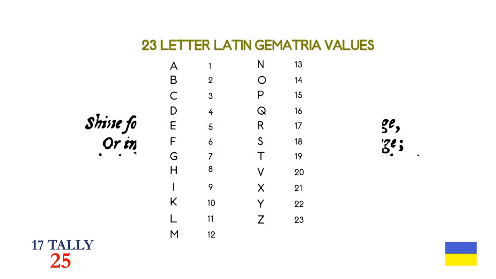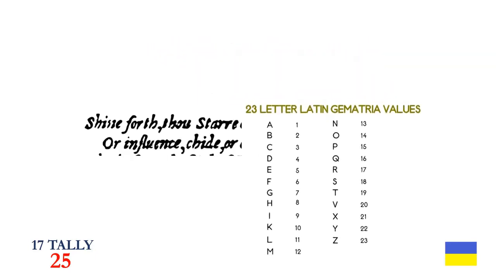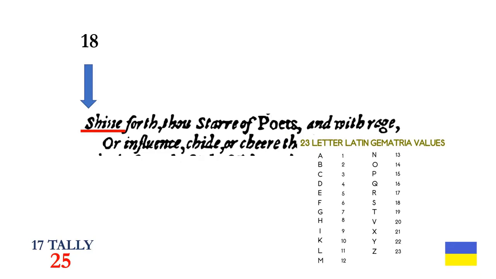First, we're going to do a gematria sum. S in shine is 18. Star is 18. The P is 15.